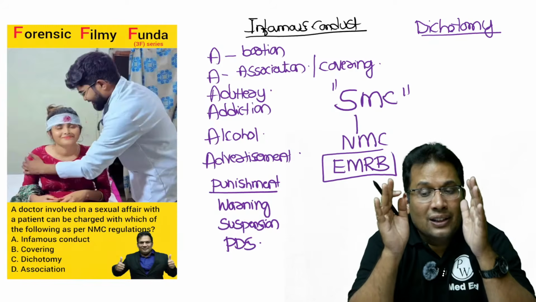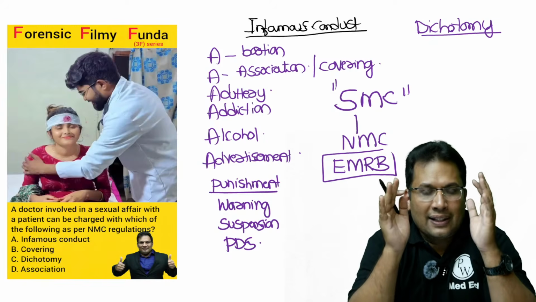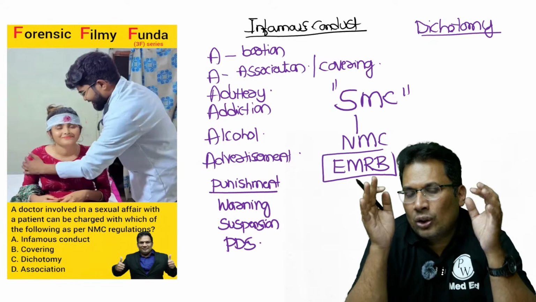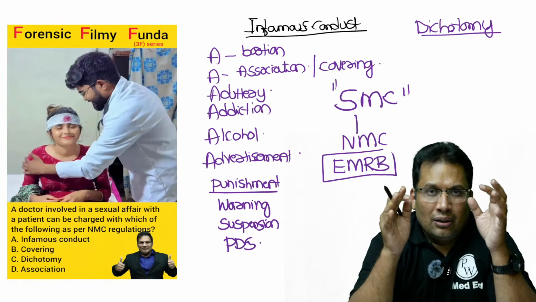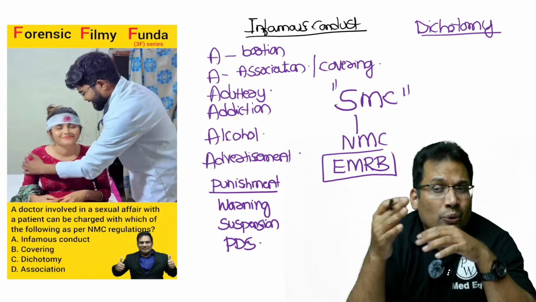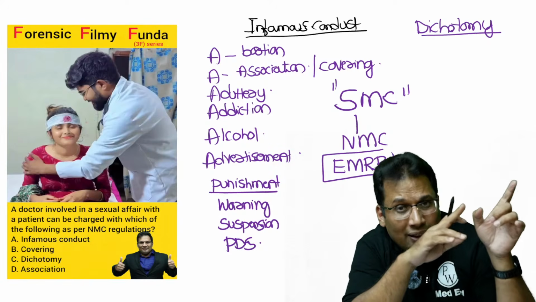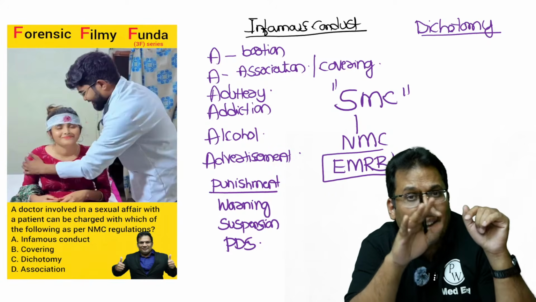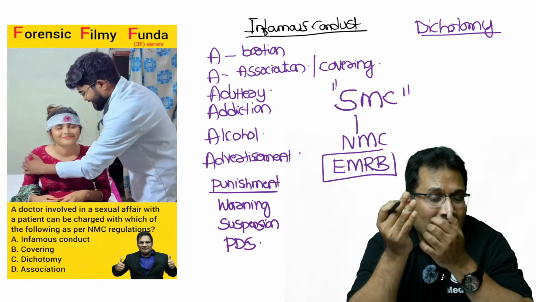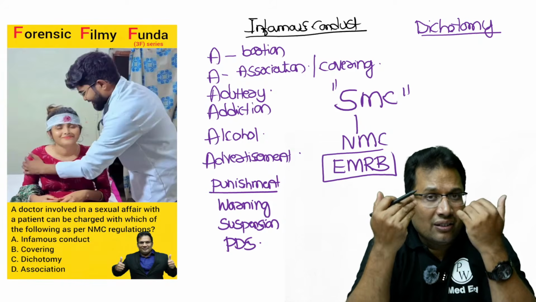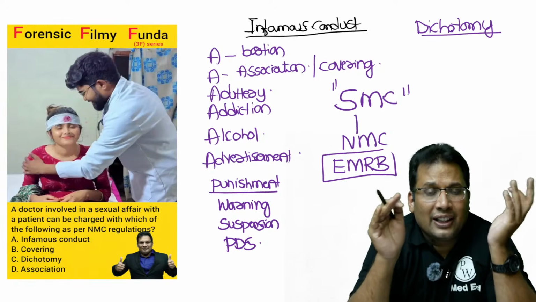Cuts business is known as dichotomy. Like example, a doctor is taking 1000 rupees fee and he is going to give 200 rupees to the middleman. Our doctor is referring someone to some other doctor. For that he will get cuts.